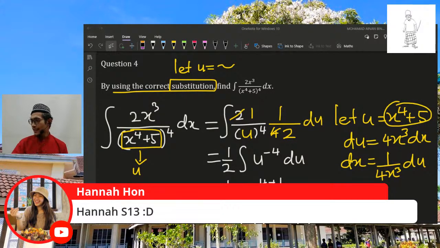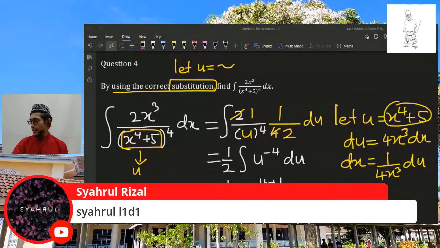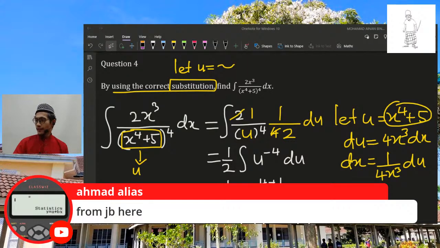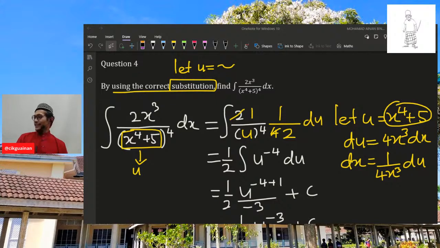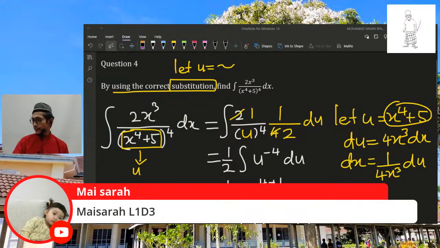Hannah S13. Okay. Thank you, Hannah. Dalila, Sharol, Murni from JB. I think I recognize this one. Okay. Welcome, welcome. Fatin KMJ. Wait. Okay. Thank you, Fatin. My Sarah. Okay.